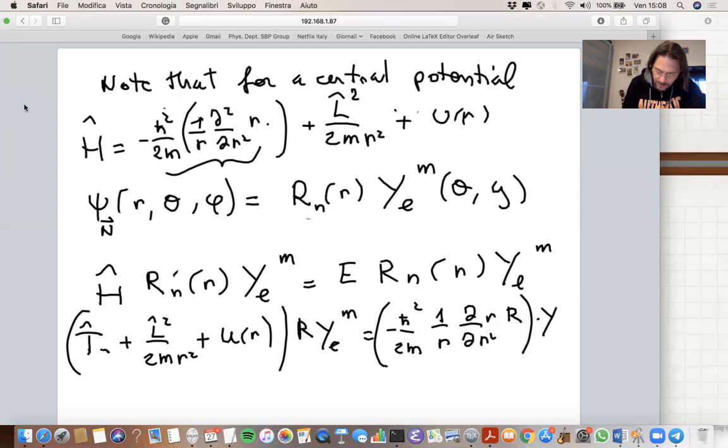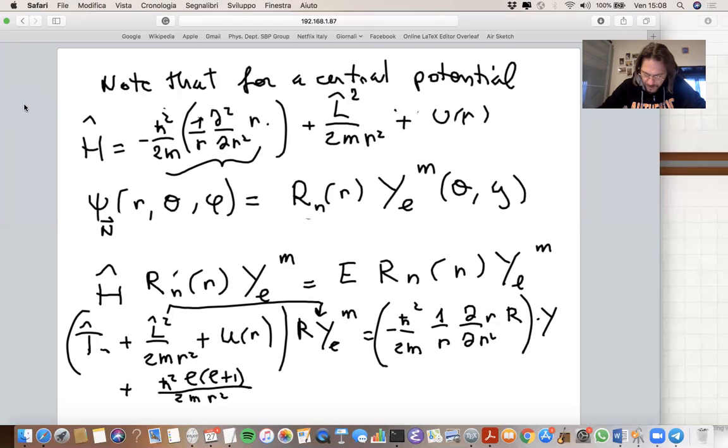When this term here acts on this, it will not act on r because the derivative only acts on theta and phi. So what I get is the eigenvalues of the spherical harmonics, which are h bar squared l(l plus 1) over 2m r squared times r Y.